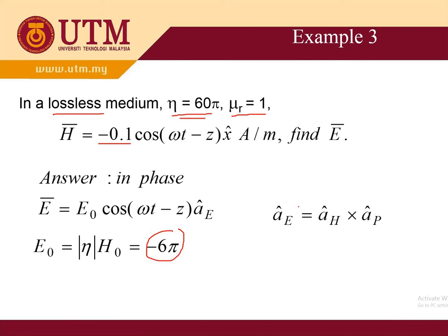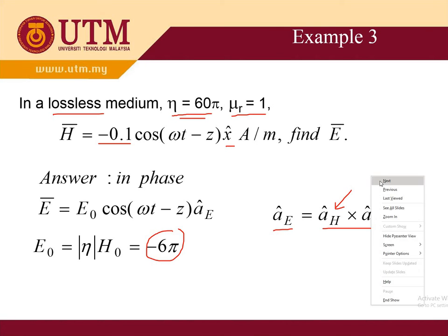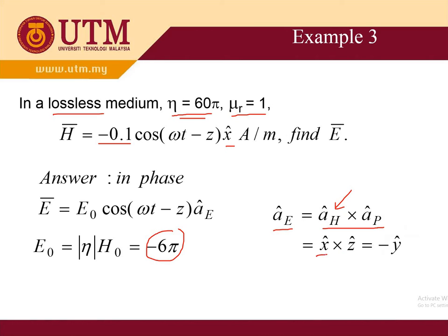Then you can see this is your H in the direction of X. In order to get your E, it is a cross product between the direction of the magnetic field and the propagation of the wave. So X with regard to your H field, and Z with regard to the direction of propagation.